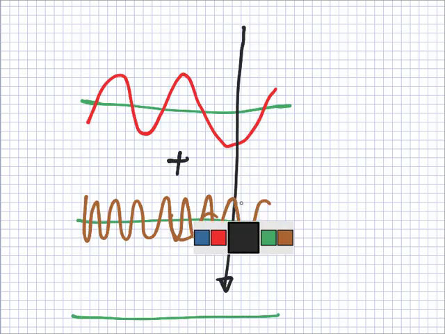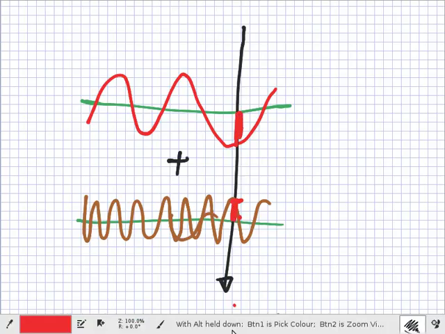I take this height from here to here and add it to this height. So because this is negative and this is positive, and this looks like it's bigger than this, should my new wave be above or below here? Below. It'll probably be below then.